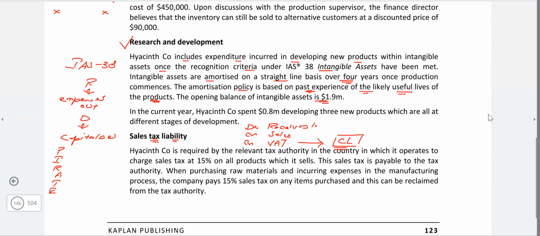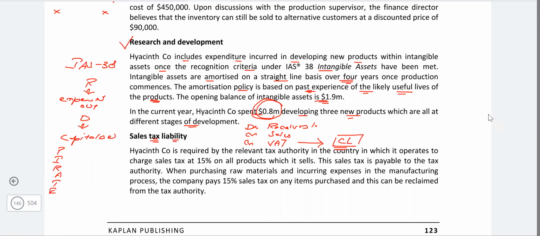In the current year, Hyacinth company spent 0.8 million developing three new products, which are all at different stages of the development. Now that means this 0.8 million cannot be capitalized unless it meets the criteria, because maybe there are some products which cannot reach the complete development state.